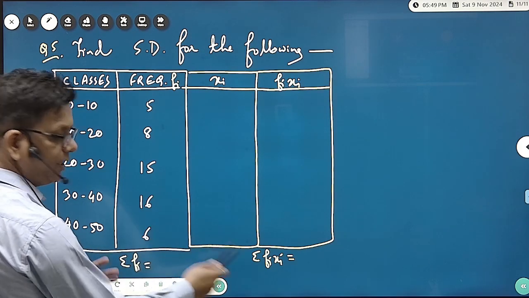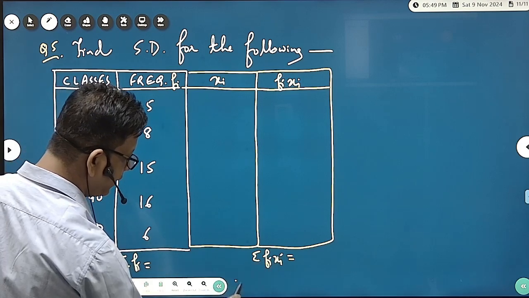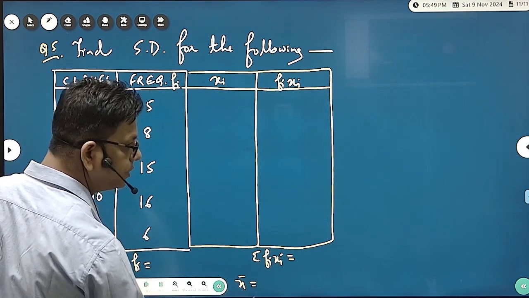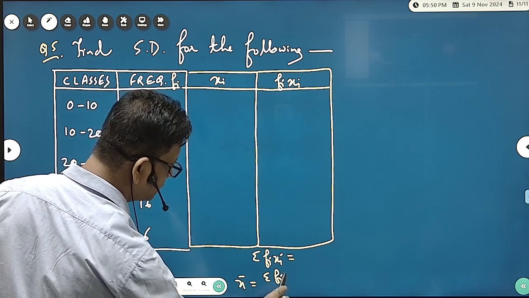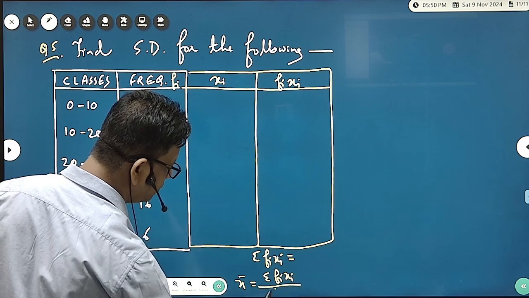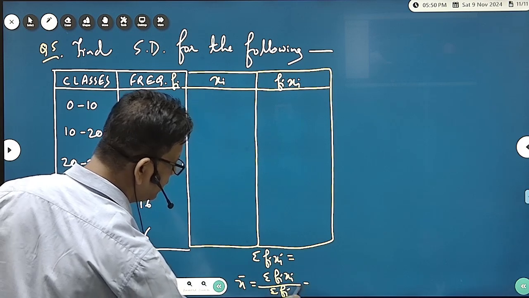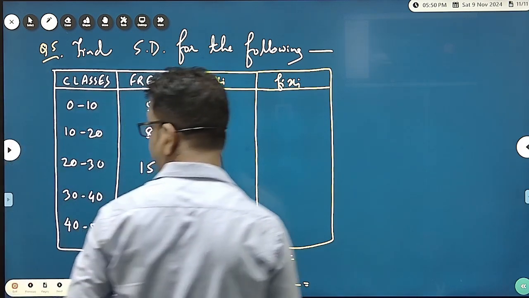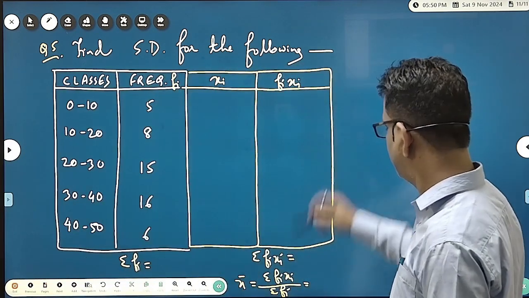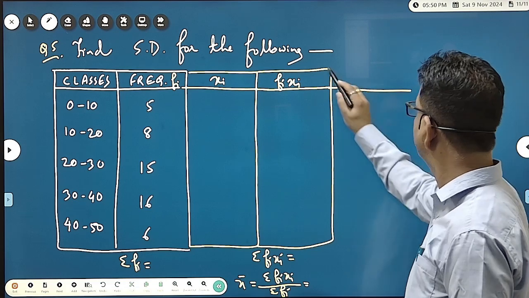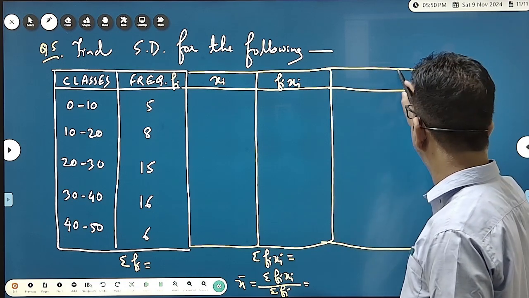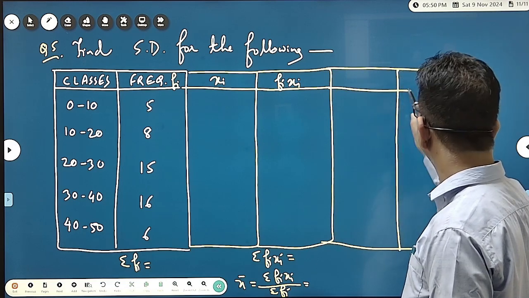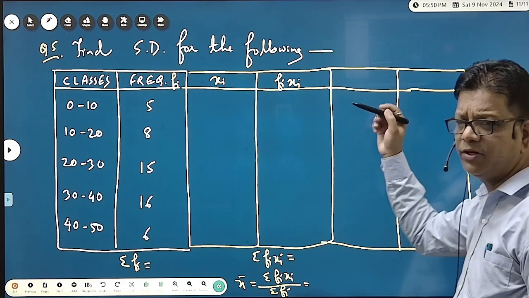Now, after getting these two, what will we find? X bar. X bar is how much? Summation of Fi Xi by summation of Fi. So we will get this number. What will we do next? Two more columns have to be added. Can you recall what this column is?